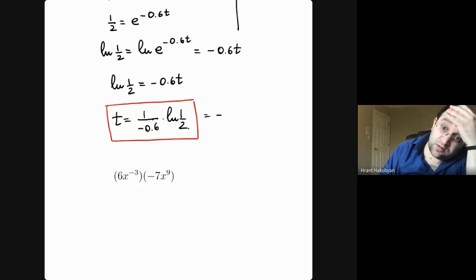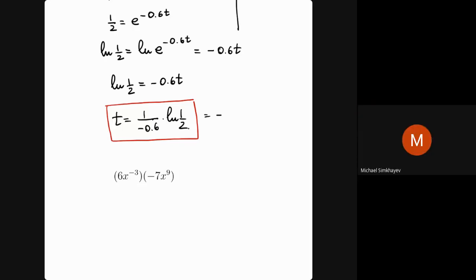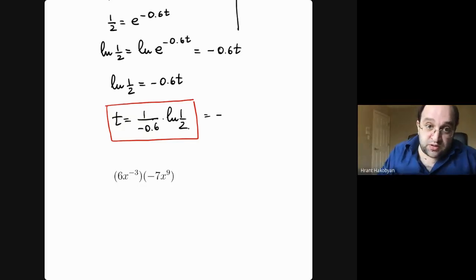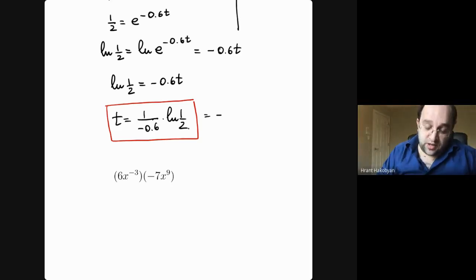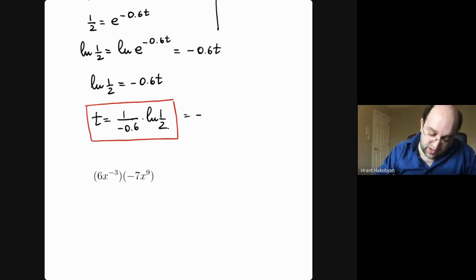I don't know how on the homework they want it. Do they want it simplified all the way? We can leave it like this. You can leave it like this, but there's not going to be a homework. I know, but I'm still doing it because I want to. Oh, okay. So in the simplified form, if you want to simplify, you can write negative 0.6 as 10 over 6, whatever that is.